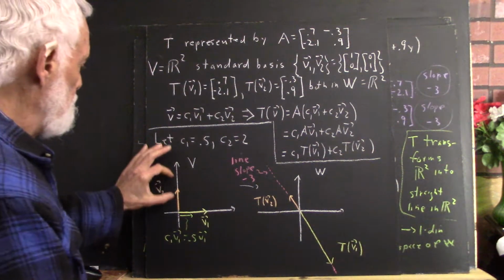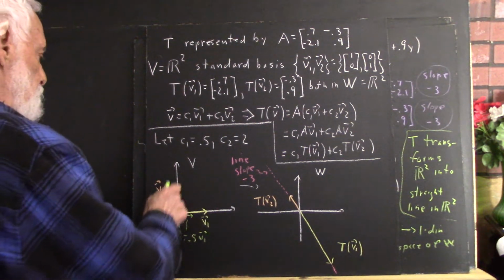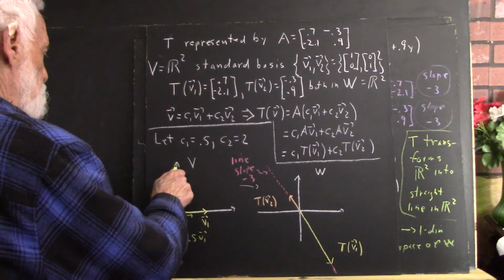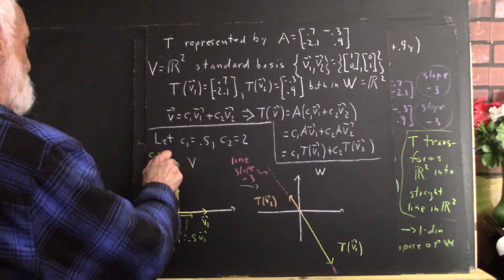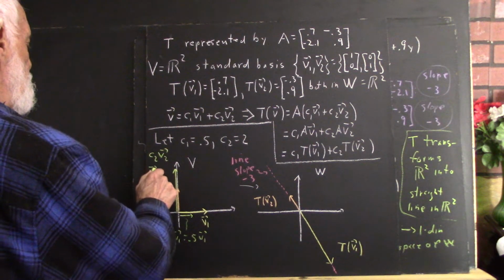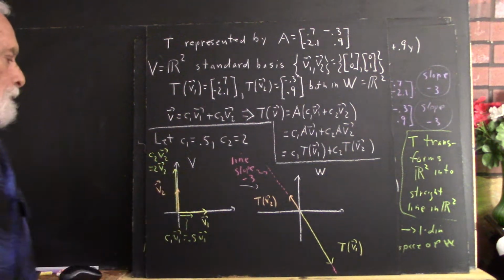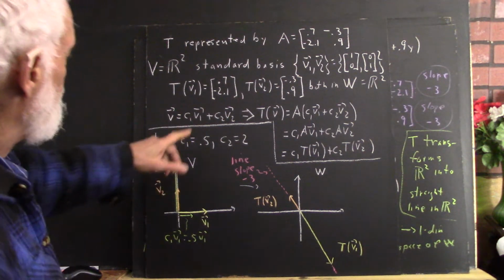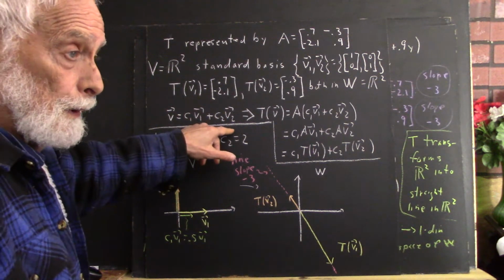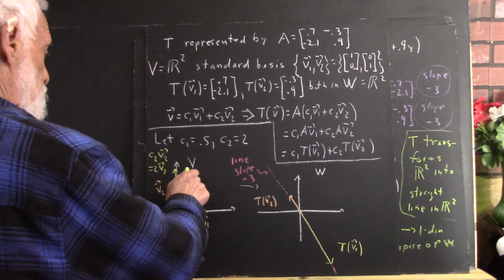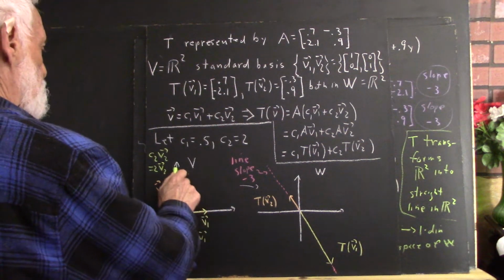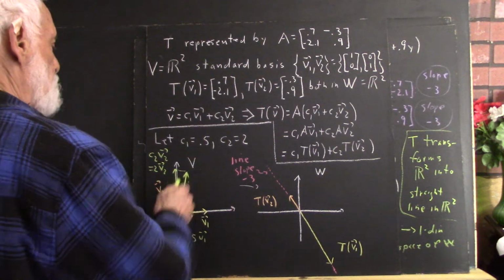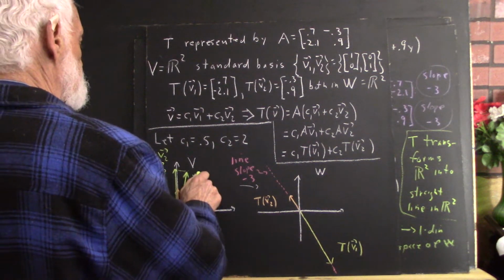Well, that's going to be a V2 and you add a V2. So we have C2 V2 here. Which in this example is 2 V2. So that this vector V, C1 V1 plus C2 V2, is this vector here.